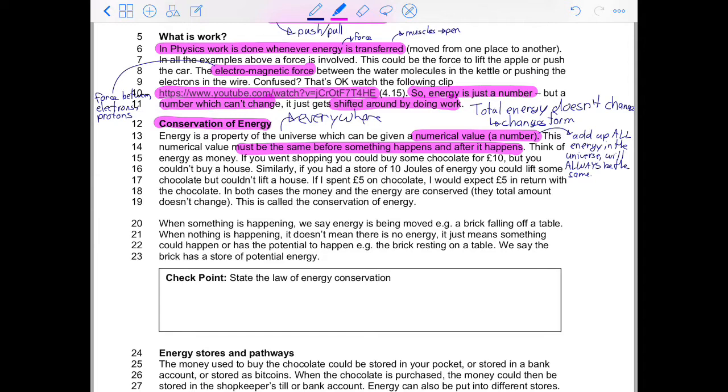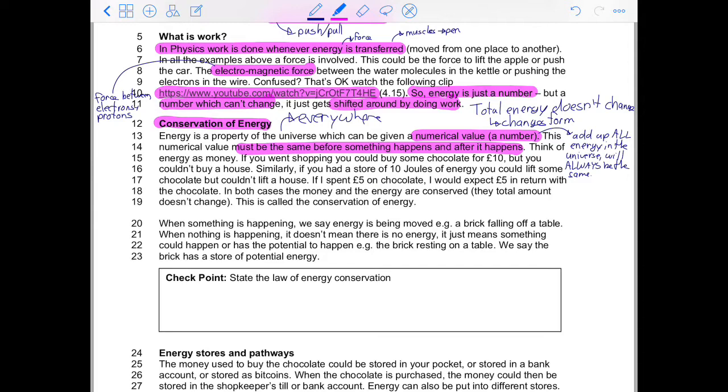Now let's think about it as money. If you went shopping, you go into the shop, you see some chocolate you really like, and you see it's £5. You have £10 in your pocket. Can you buy that chocolate? Could you buy a house with that £5, with that £10? No. So you could buy some chocolate for £10, but you couldn't buy a house.